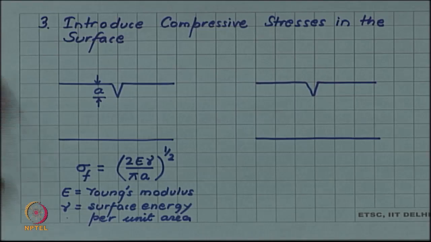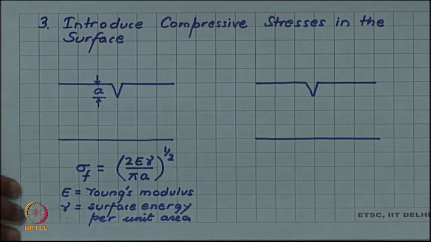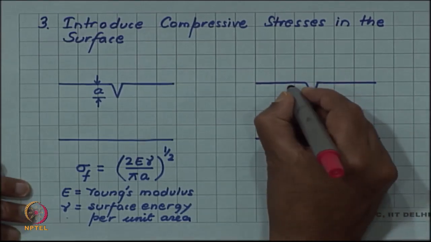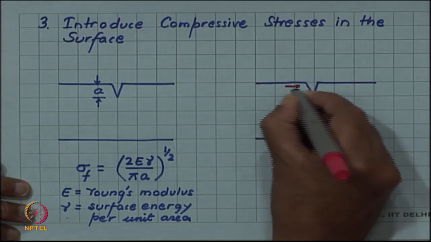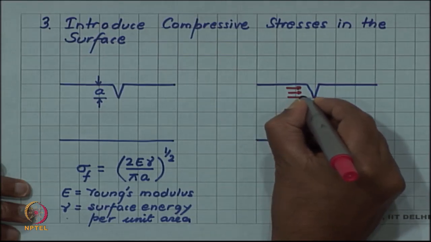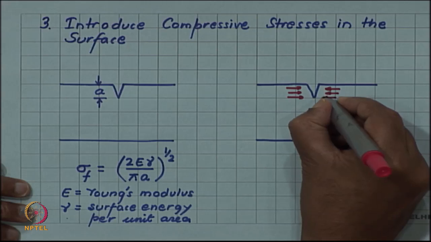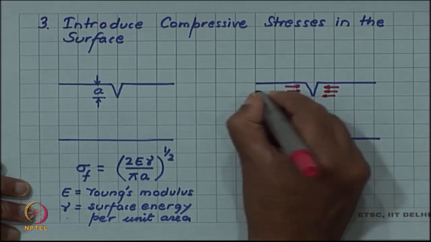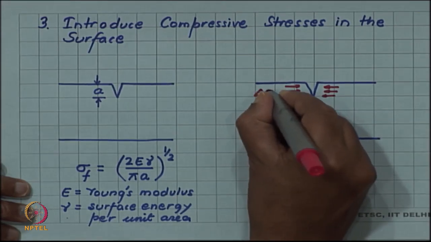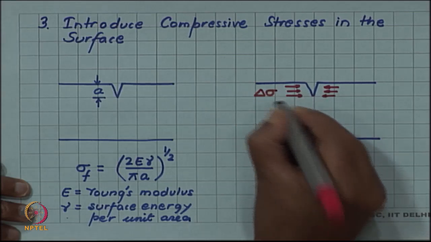Now, if somehow some residual compressive stress is introduced into the surface, suppose the crack faces are now in compression, and the value of this compressive stress is, let us say, delta sigma.